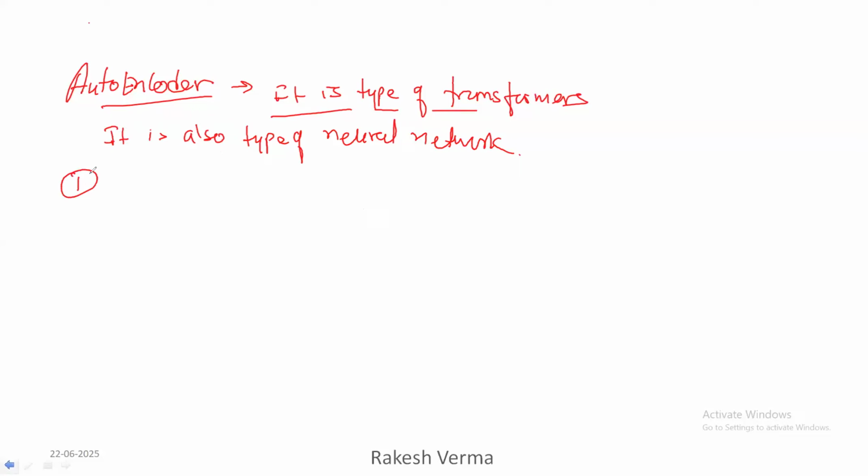How many categories of autoencoder are there? The first type of autoencoder is the stacked autoencoder.